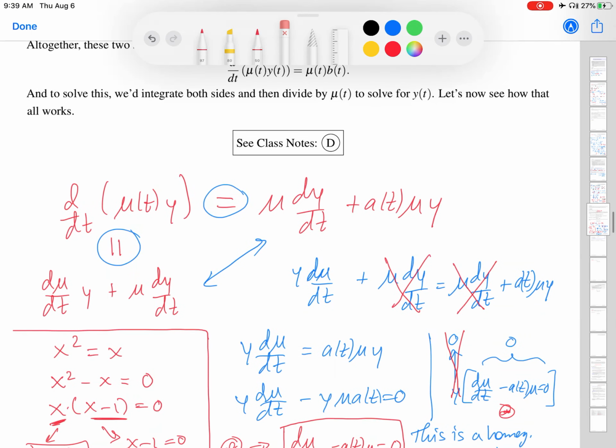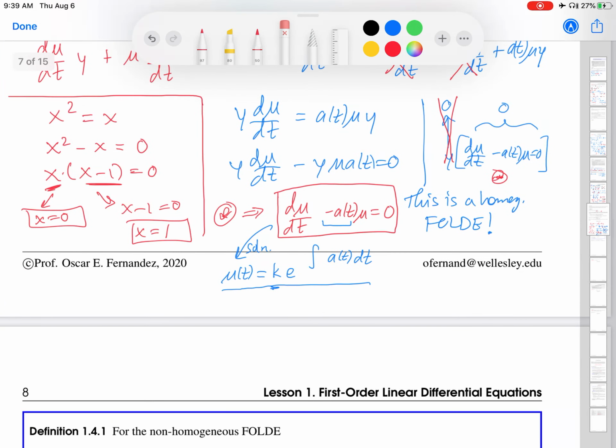But because of the way that mu is acting in the ODE by multiplying every single term, we don't need to keep that freedom of getting an entire family of mu's. So we are going to set k equal to 1. So our final form for mu is e to the antiderivative of a of t dt.